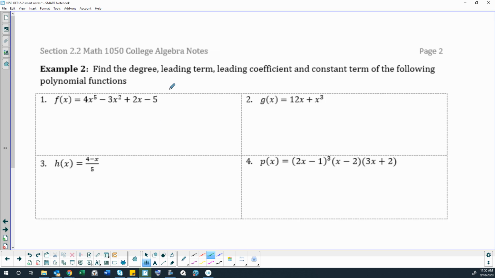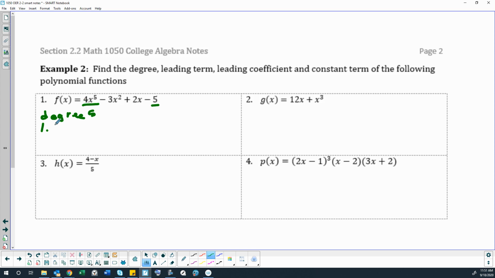Okay, here's our examples. We're going to find the degree, the leading term, the leading coefficient, and the constant term of each of the following functions. So I'm assuming these are all polynomial functions. So let's start by focusing in our leading term and then our constant term. So our leading term tells us the degree is 5.